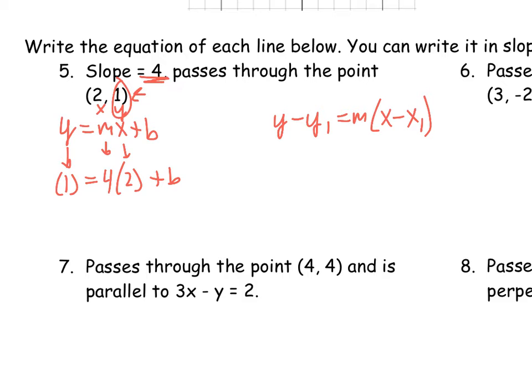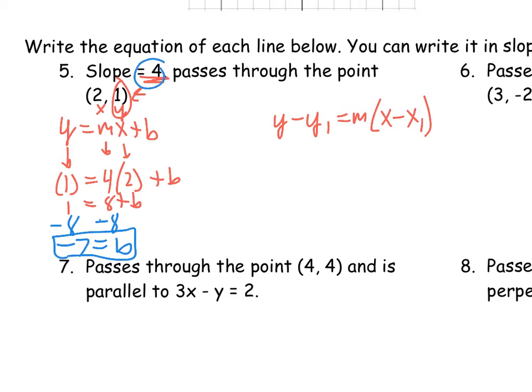And then we don't have b, we're trying to find b. Simplifying this, 1 equals 8 plus b, and then subtracting 8 from both sides to get b by itself, I get b equals -7.